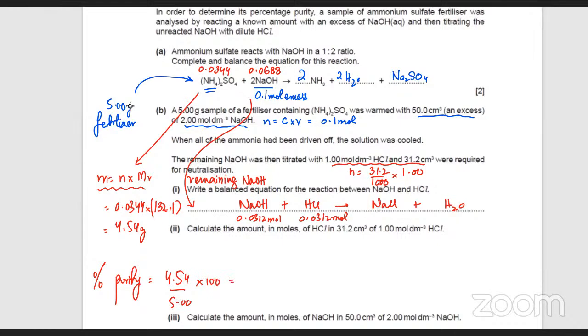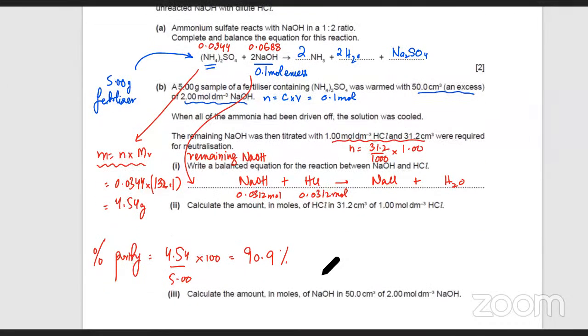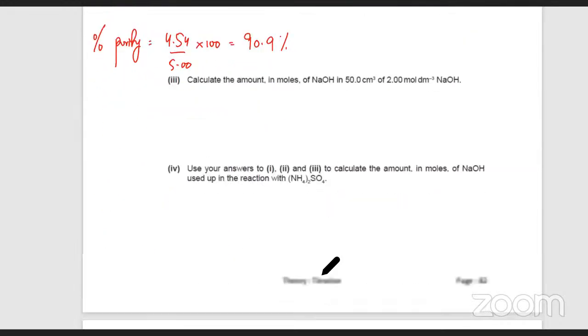So what do you get? 90.9%. 90.8. So 90 point, rounded off to 3 significant figures, 9%, right? So that's it. He's divided the whole question into parts, but that's the whole question here. So we'll do a bit more of these excess questions.